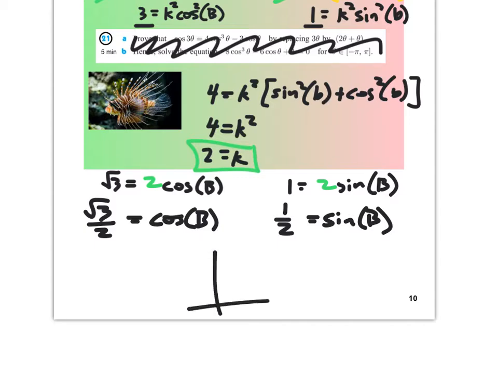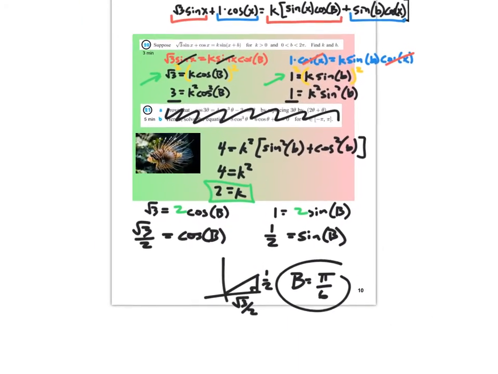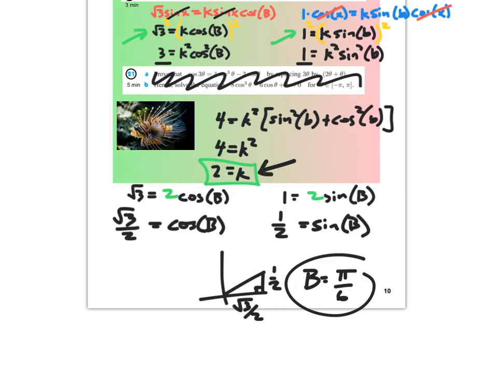Therefore, it's got to be in quadrant 1. Sine is 1/2, cosine is root 3 over 2. That angle, b, must equal pi over 6. And I think that's what we needed to find: k and b. Yep, we found k to equal 2, and b, I guess that was supposed to be a lowercase b, to be pi over 6.